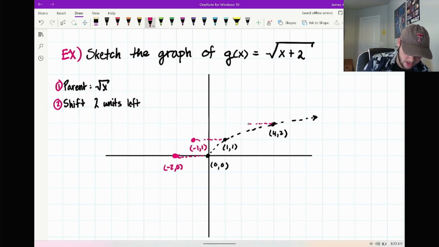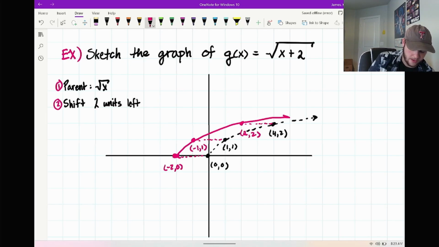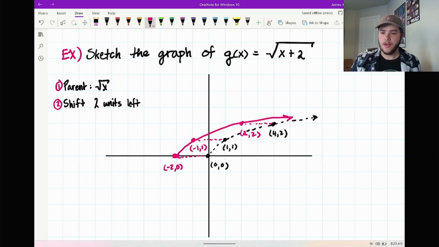And 4, 2 ends up at 2, 2. And that would be the sketch of the graph. Now, why do I go backwards? Notice here, when I start from 0, if I plug that in, I'm actually taking the square root of 2, right? So I get displaced forward. So to match it up, I shift backward, if that makes sense.